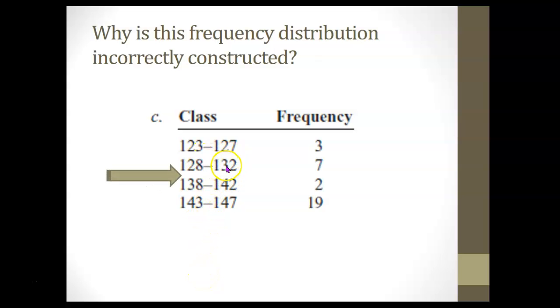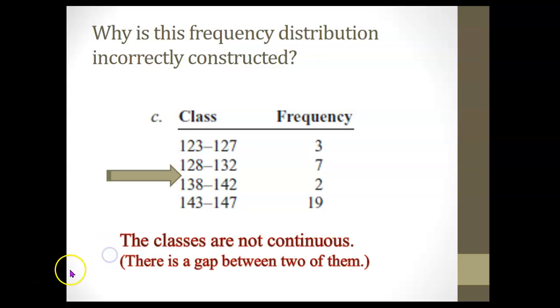There's a gap between the second and third classes. The second one ends with 132, but the third one starts with 138. So what happened to the numbers in between, like 133 to 137? That should be listed. Even if there weren't any numbers that were somewhere from 133 to 137, you should still list the class, even if it has a frequency of 0. So here the problem is the classes are not continuous.